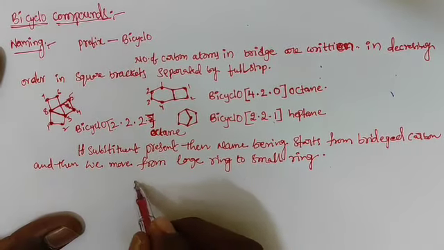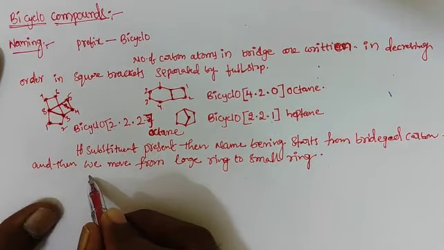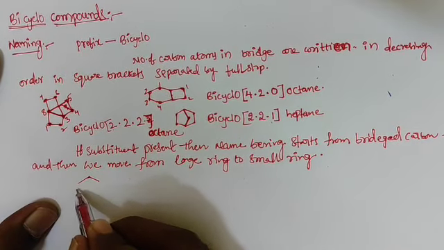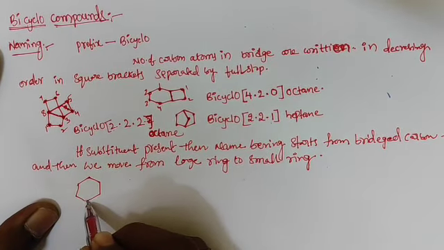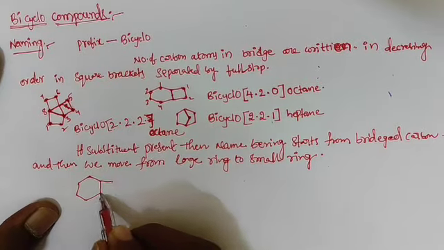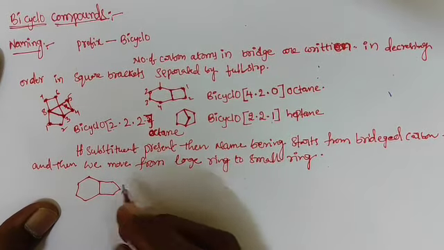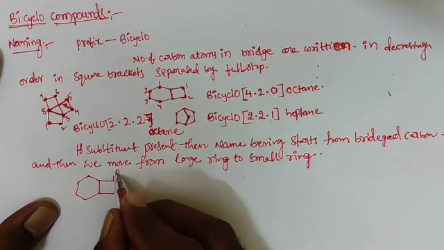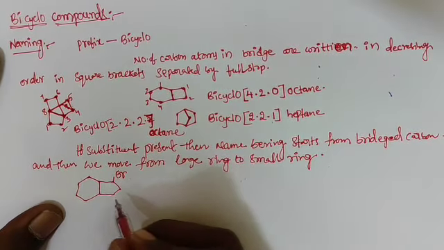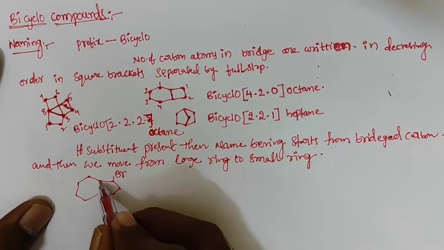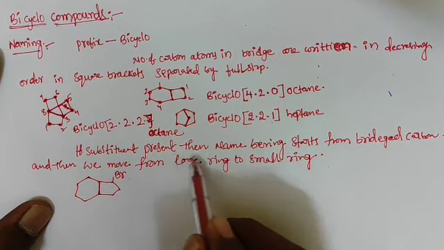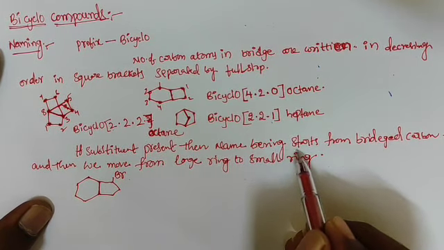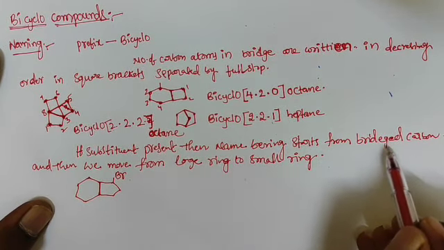So 1 or 2 examples we will discuss so you can understand. Like this is a hexane having one 5-membered ring. This ring also has bromine, a substituent. Now the name starts from the bridged carbon.